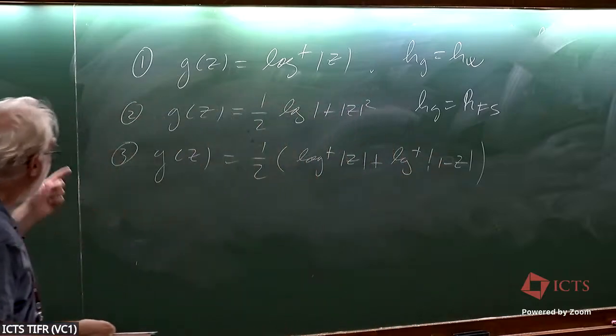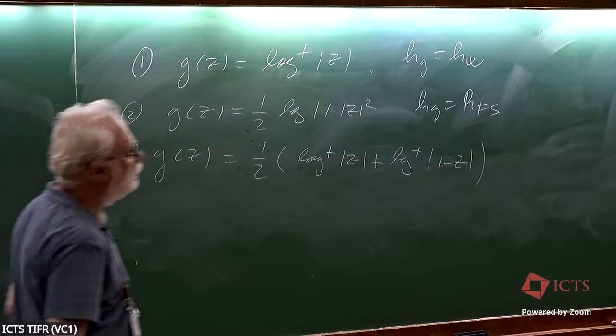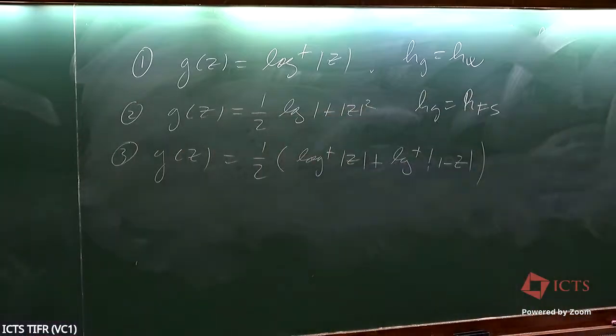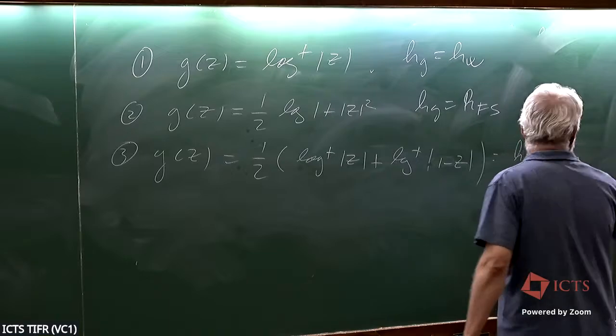Okay, this function was the one introduced by Zagier. So Zagier introduced it in his original paper to study this problem. One was the projective height, but the other one was this other one. So this is what is called the Zagier height. In this case, I obtain that h of g is h of Zagier.